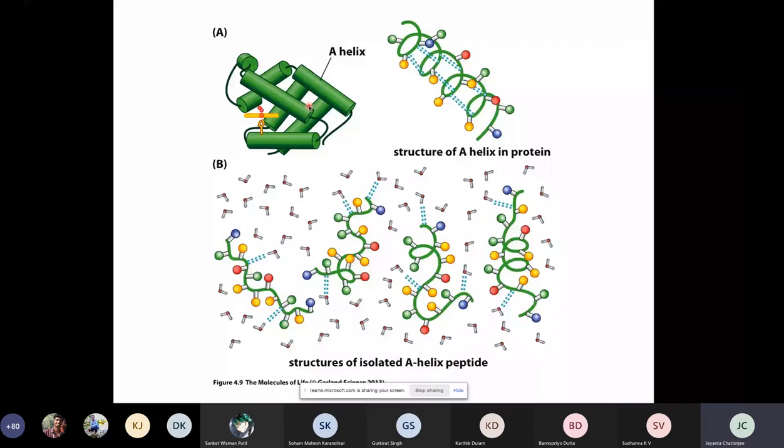What people are doing nowadays is using optical tweezers, by which you can hold the N terminus and the C terminus of the folded protein and pull it apart. By pulling it apart, you will see that the protein will unfold. And the hydrophobic core is the main reason. If you do not have the formation of a hydrophobic core, the proteins will not fold.